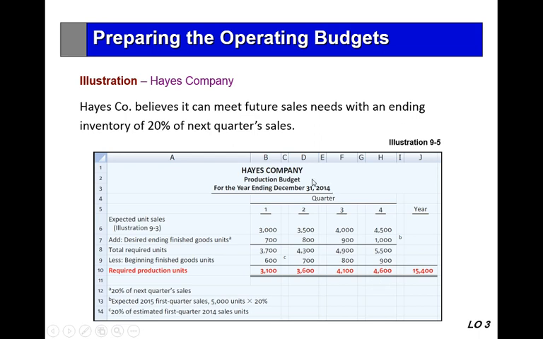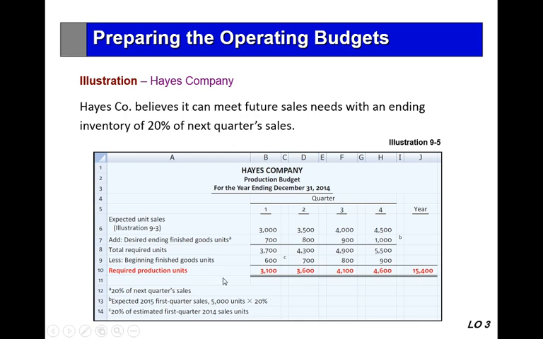We assume that the next year is 2014, not 2021. We expect to produce 3,100 units in the first quarter, 3,600 in the next quarter, 4,100, and so on. The total for the year is 15,400 units.